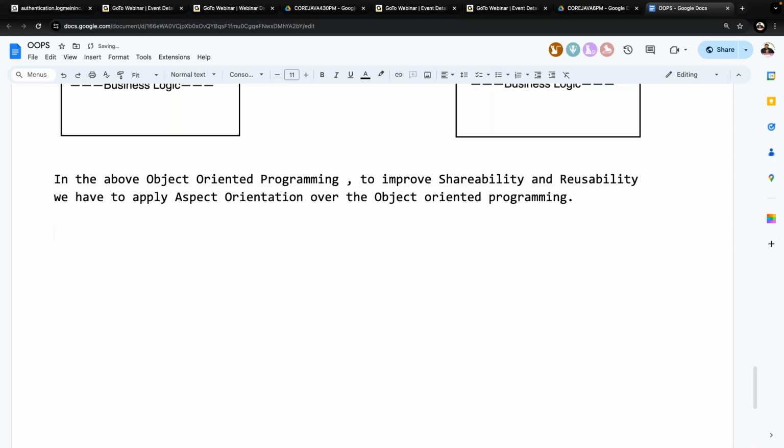We have to apply aspect orientation over the object oriented programming.